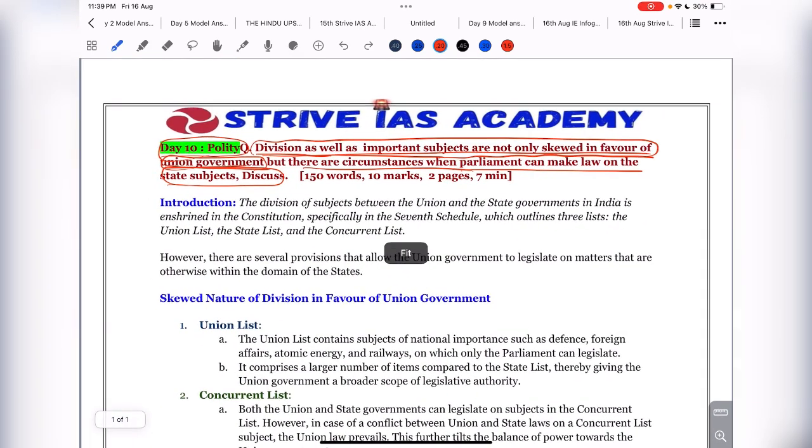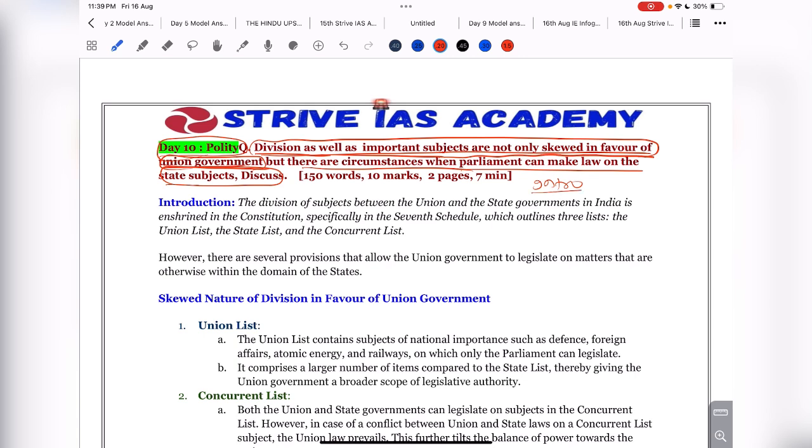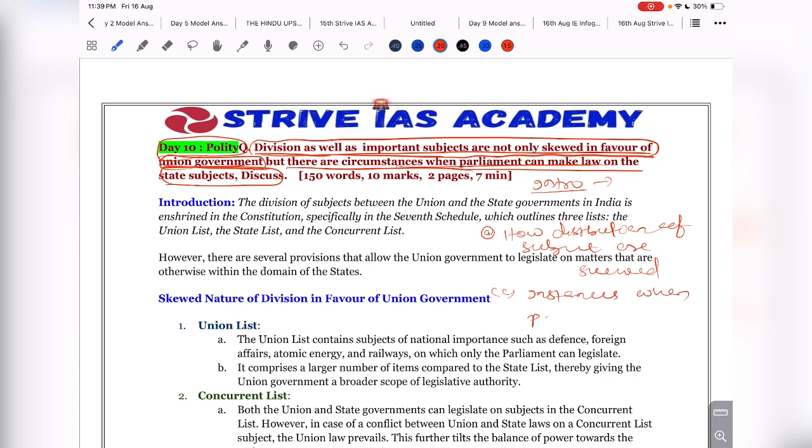After your introduction you need to talk about how the distribution of subjects is skewed, and in the second part of your answer you need to write the instances when Parliament can make law on a state subject.